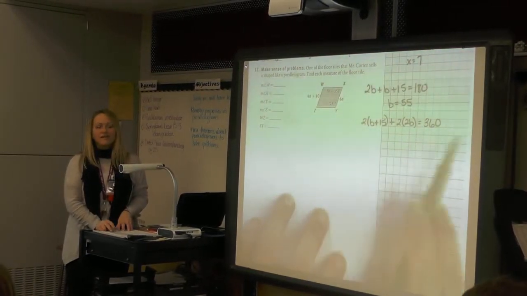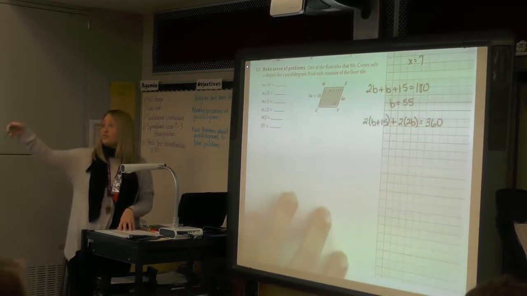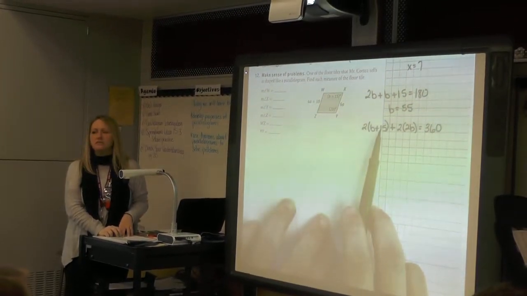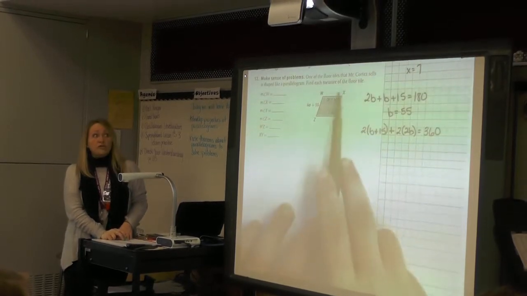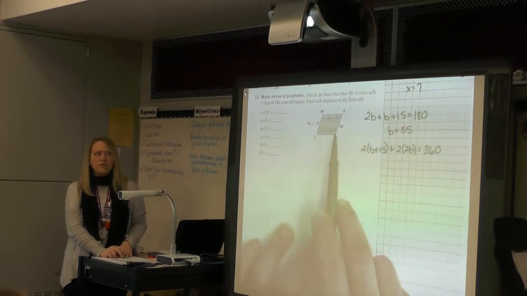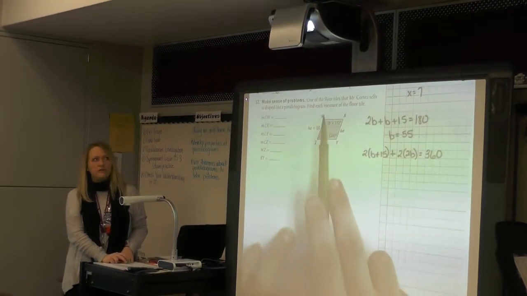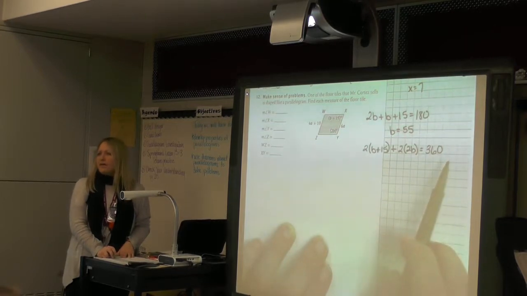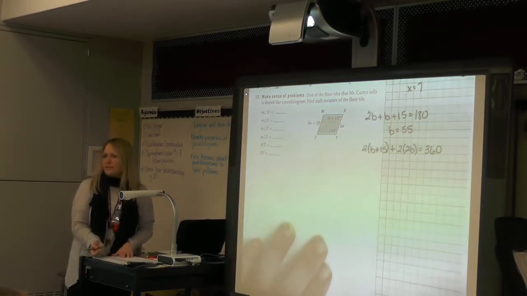Because a quadrilateral equals 360, right? So why did she need 2 b plus 15s? 2 of these, meaning x and what other angle equals that? Z, right? And the same for 2b is also the value of w. Can we do this? Yes. Yeah. And Catherine, when you solved, you also got 55?